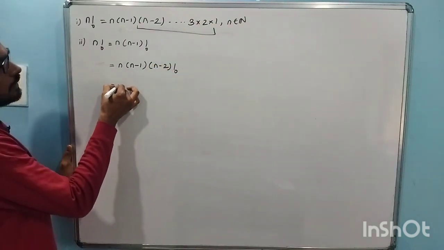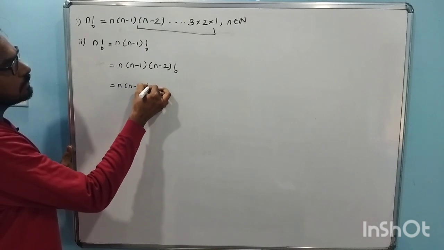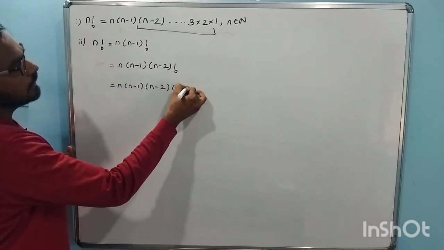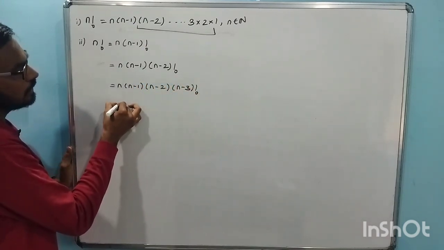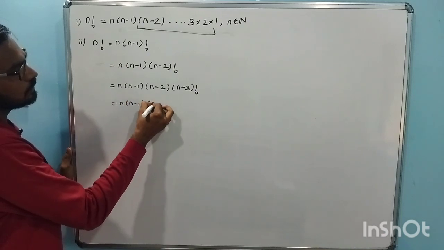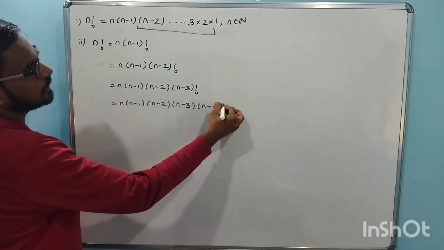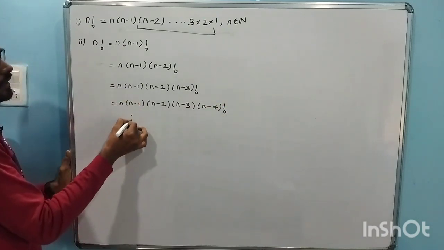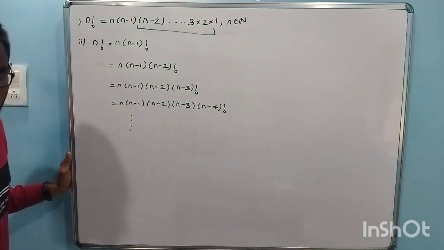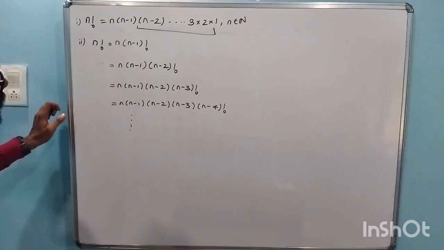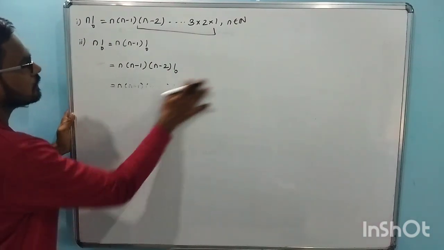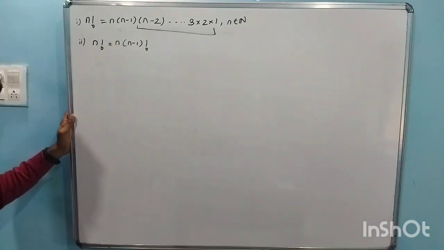Further it will be n minus 1, n minus 2, n minus 3 factorial. Next n minus 1, n minus 2, n minus 3, n minus 4 factorial, and so on. We will actually be using this property while solving problems. This is very important. Next, third.